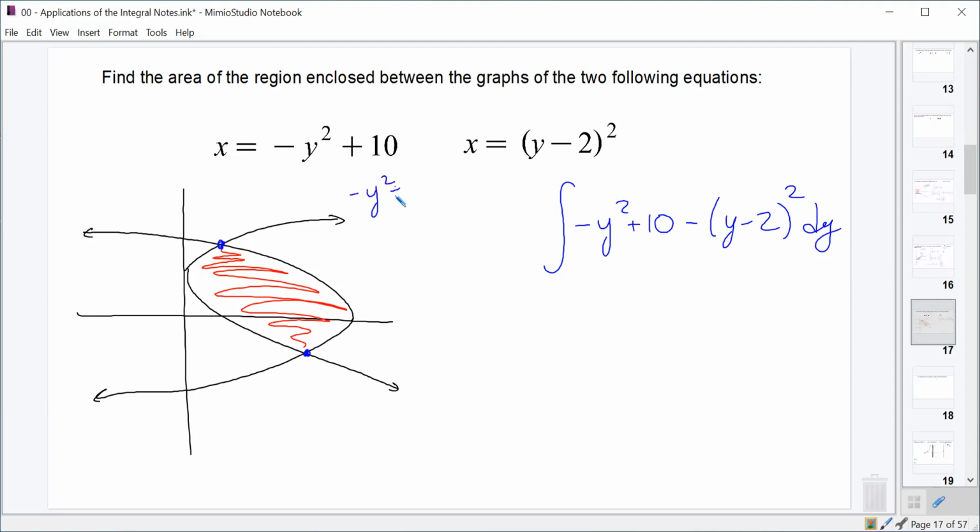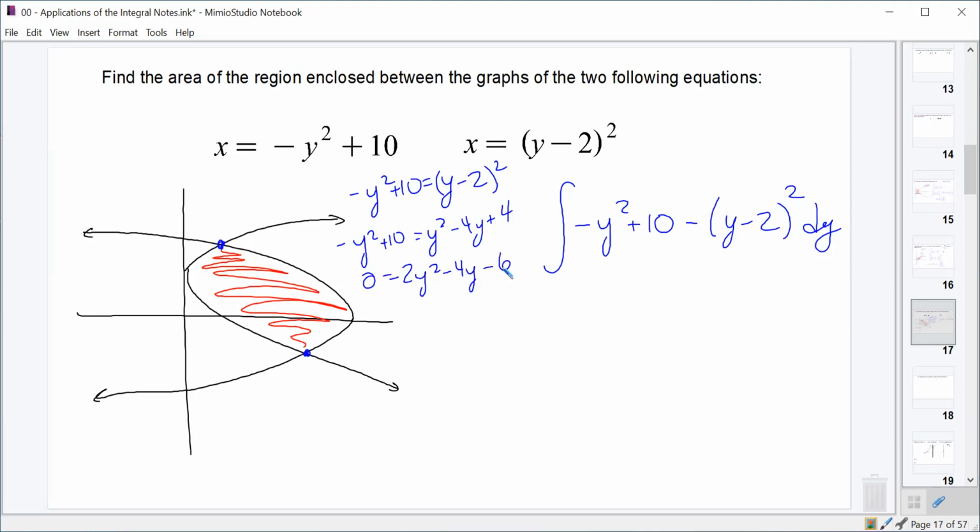So negative y squared plus 10 equals y minus 2 squared. And y minus 2 squared is going to be y squared minus 4y plus 4. And we'll bring everything to the right-hand side, giving us 2y squared minus 4y minus 6.